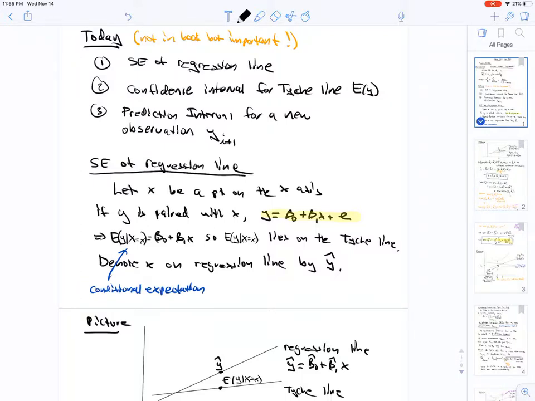And so it says that all the points don't need to lie on the Tyche line. If we take the conditional expectation with respect to x is x, we get beta 0 plus beta 1 x. So the conditional expectation lies on the Tyche line. We denote the point above x on the regression line by y hat.